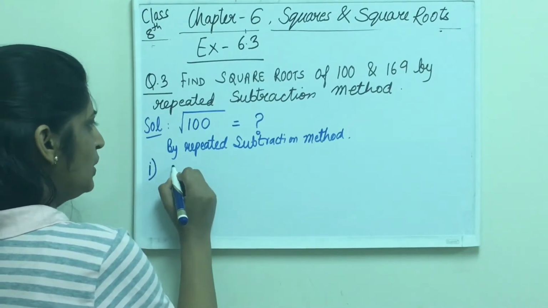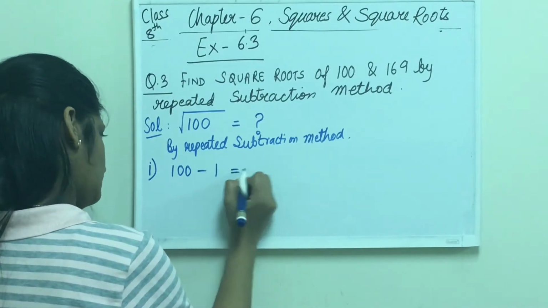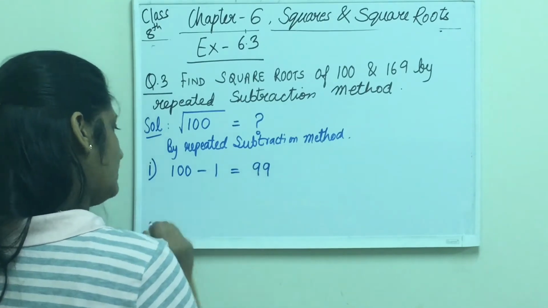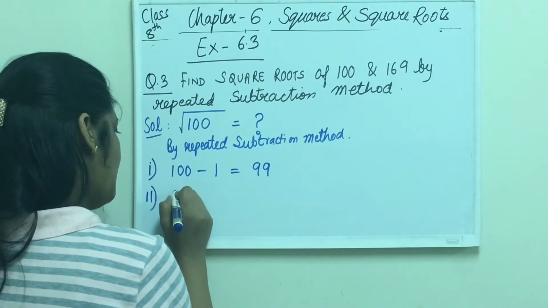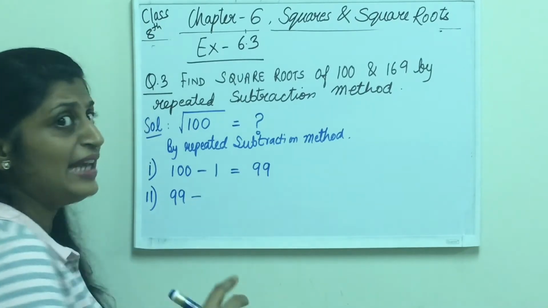What we will do, we will subtract 1 from 100, and the answer is 99. Next, we will subtract the next odd number from this answer.